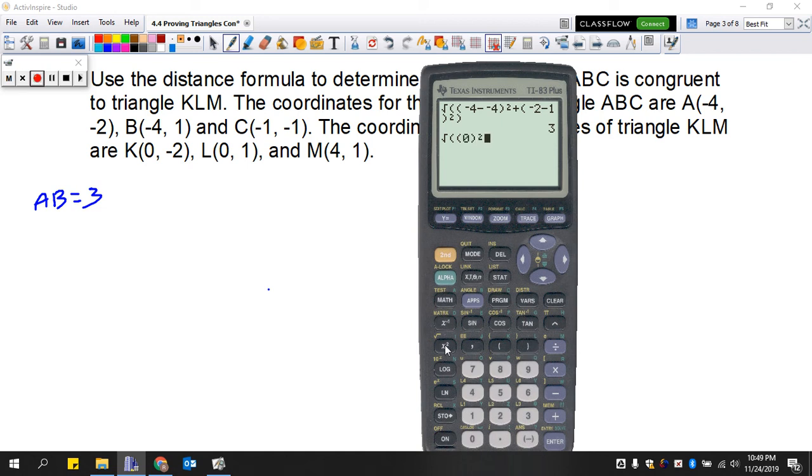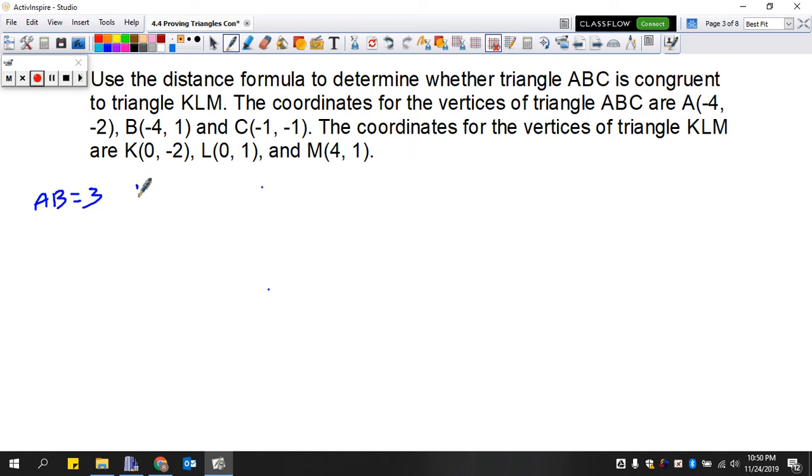Okay, and plus -2 minus 1, parentheses, -2 minus 1, close parentheses, square it, and then close the parentheses for the square root, and so KL is equal to 3, okay?